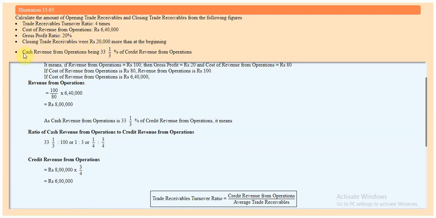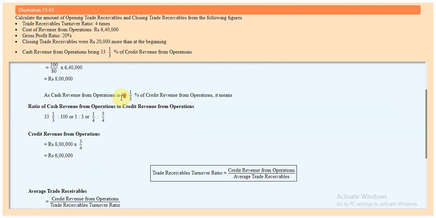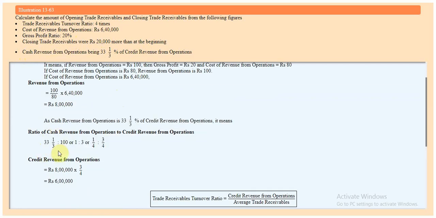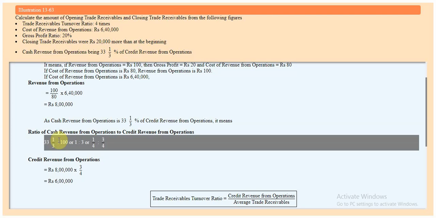For that, they have given us a hint here that cash revenue is 33 1/3% of the credit revenue. So if credit revenue is 100, then cash revenue will be 33 1/3. Simplifying this, we will get the ratio as 1:3. That is, cash revenue is to credit revenue, the ratio is 1:3. And if we convert this ratio into fraction, we will get 1/4:3/4.